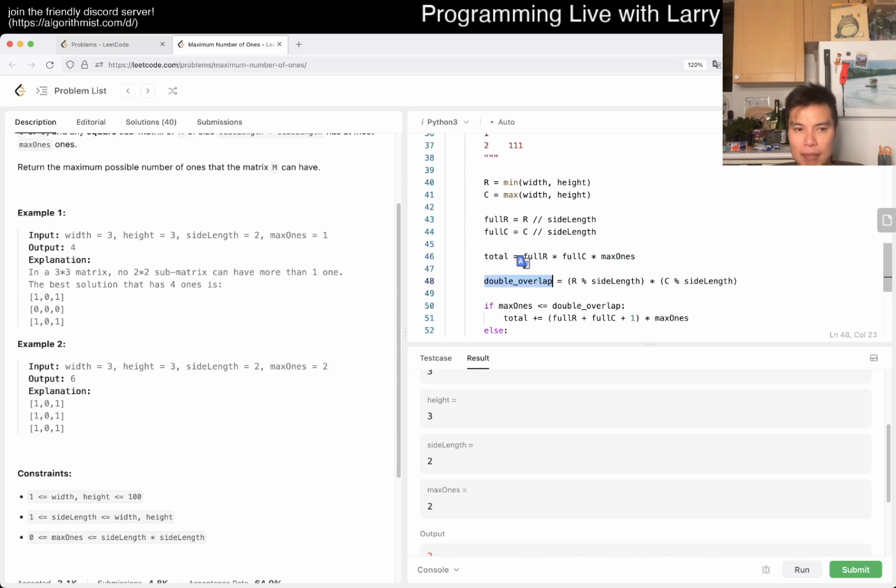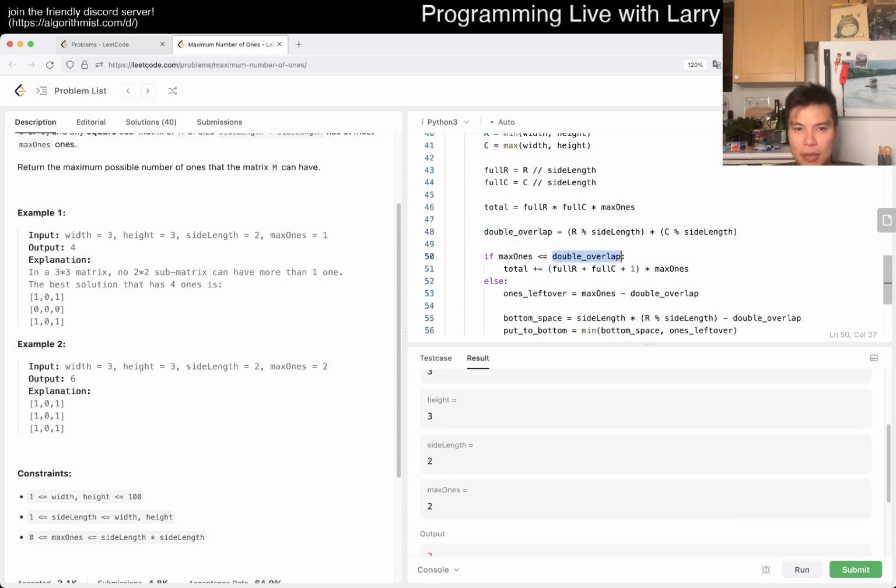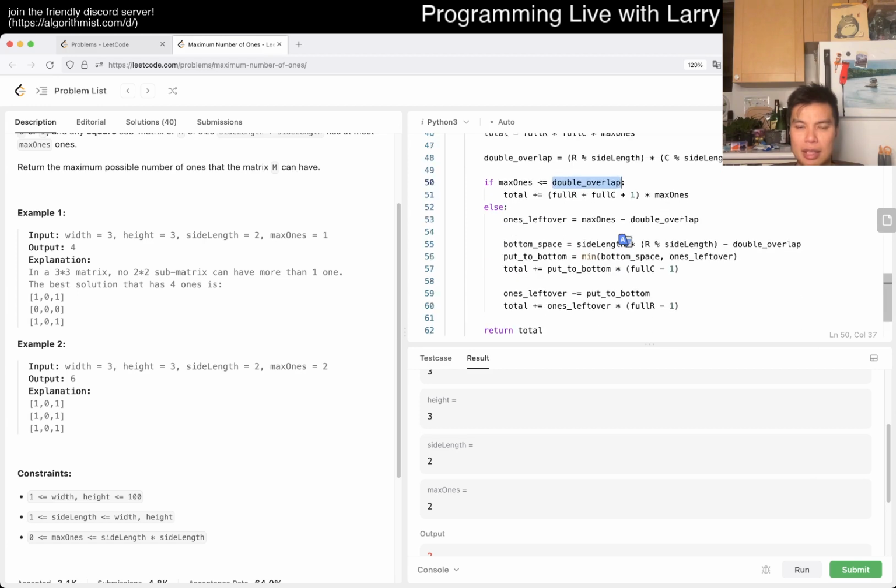The double overlap is going to be 1 by 1. So the double overlap is 1. Wait. Yeah, this is also wrong, isn't it? Oh, no, this is right. We have 1 full cell. Yeah. So this is 2. The double overlap is going to be less than, so we have to do this part.